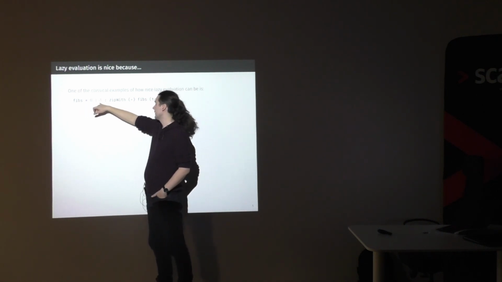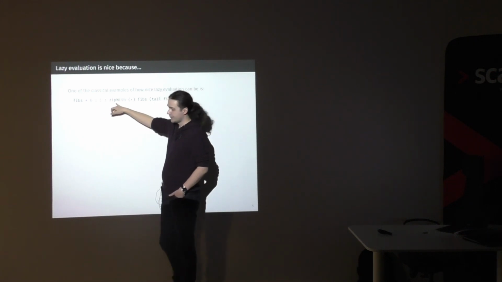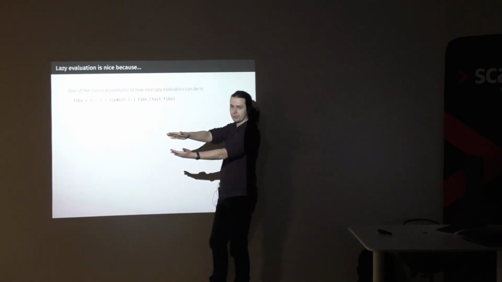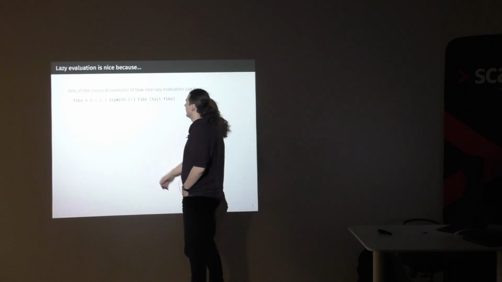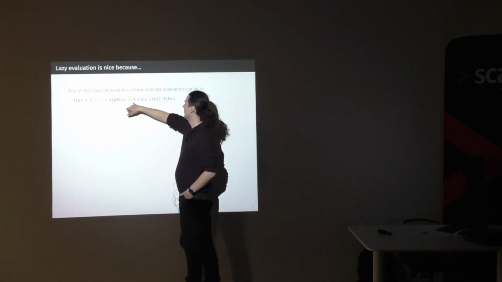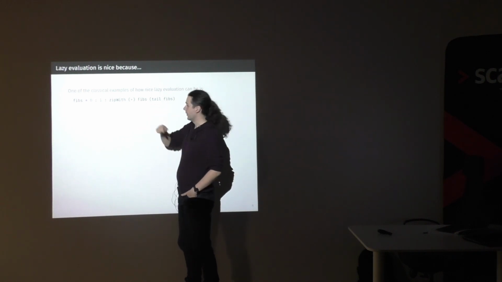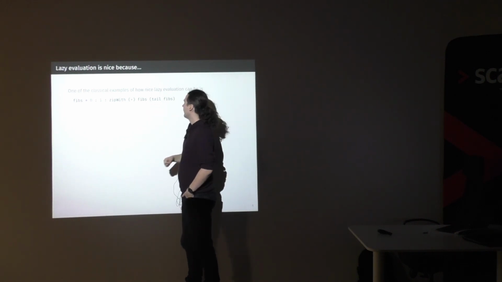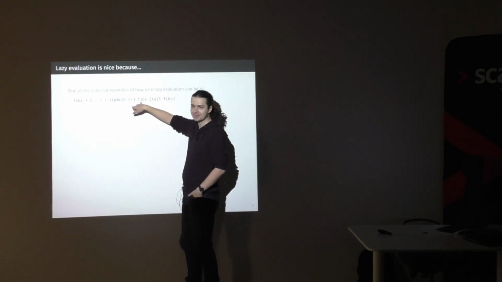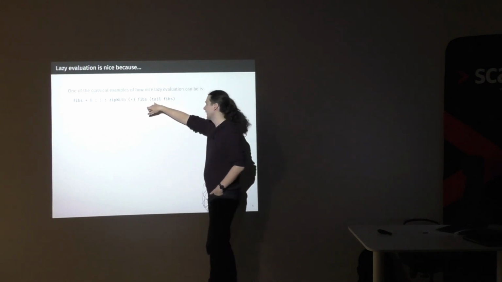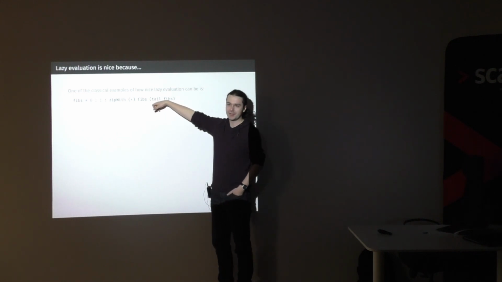The first one is 0, the second one is 1, and the rest of those numbers are the sum of the two previous ones. How do we do it? We do zipWith plus, so we sum two previous ones. First we take the Fibonacci numbers, all of them, and then we take all but the first Fibonacci number.